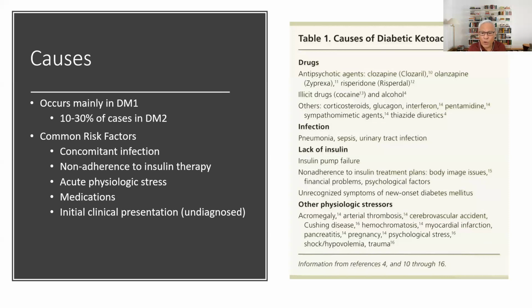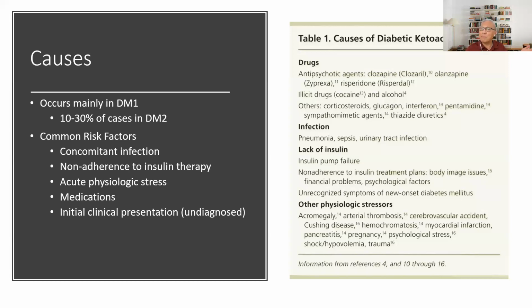So some of the most common risk factors associated with the precipitation or development of extreme hyperglycemia and subsequent ketoacidosis are going to be infection. Concomitant infection is commonly an inciting factor in DKA.